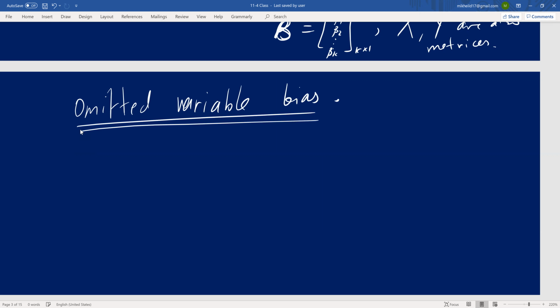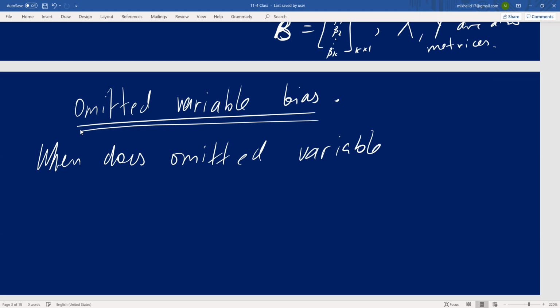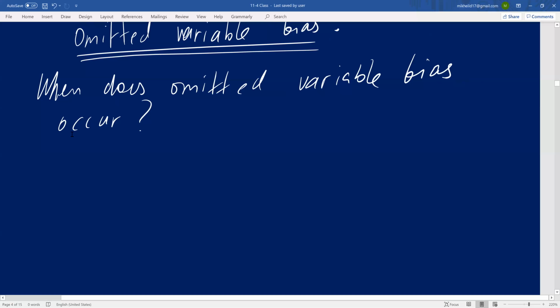Do you remember when does omitted variable bias occur? So first of all, when we have a model, right?